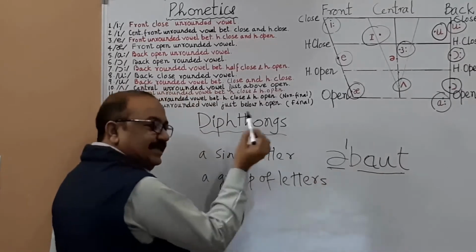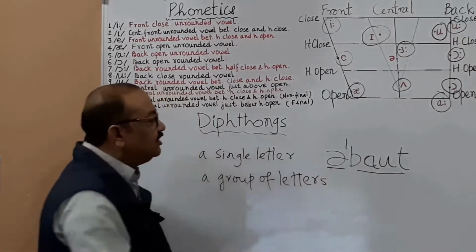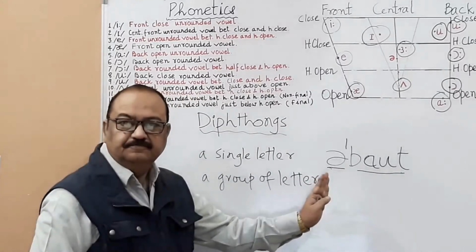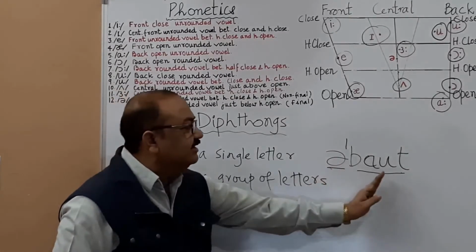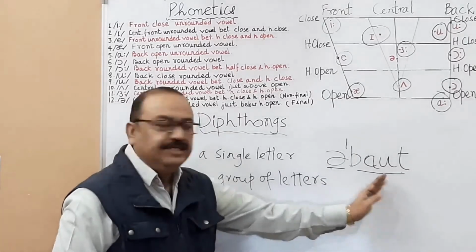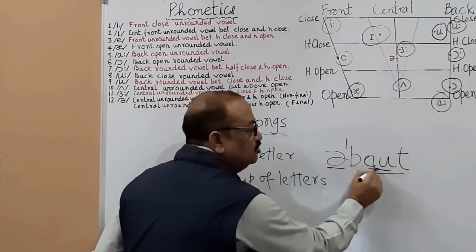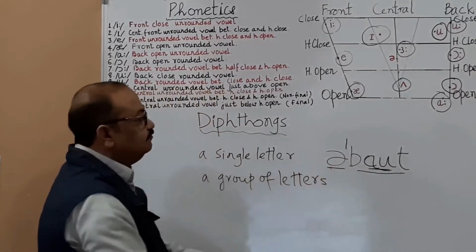So a syllable can have a single letter or a group of letters. But how do you divide it? You divide it according to the vowel sound. Like I must say that a single syllable has a distinct sound. Here you have the ow sound. This is a diphthong because two vowels are coming together, and this is schwa, as you know, is a vowel sound.